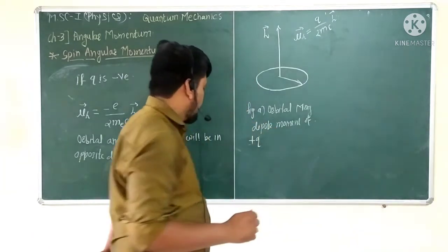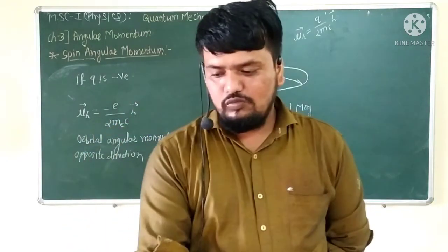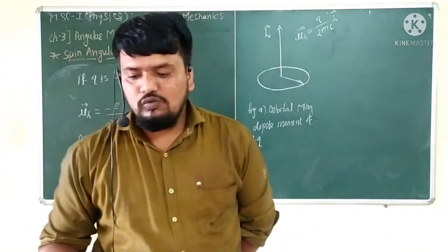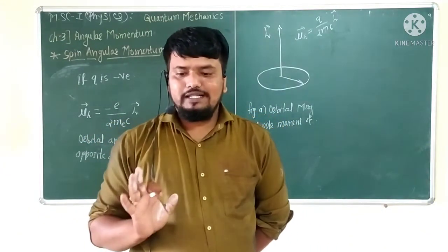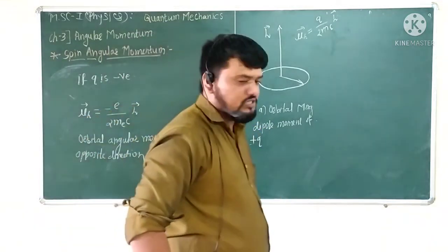If we see the precession of this orbital angular momentum about the applied external magnetic field, the orbital magnetic moment precesses about it.